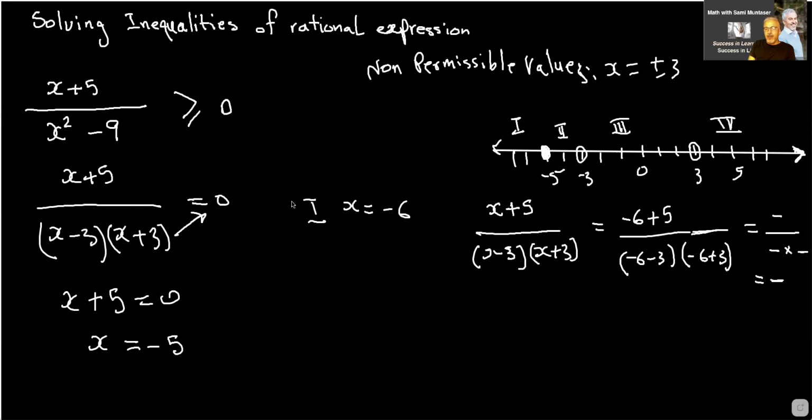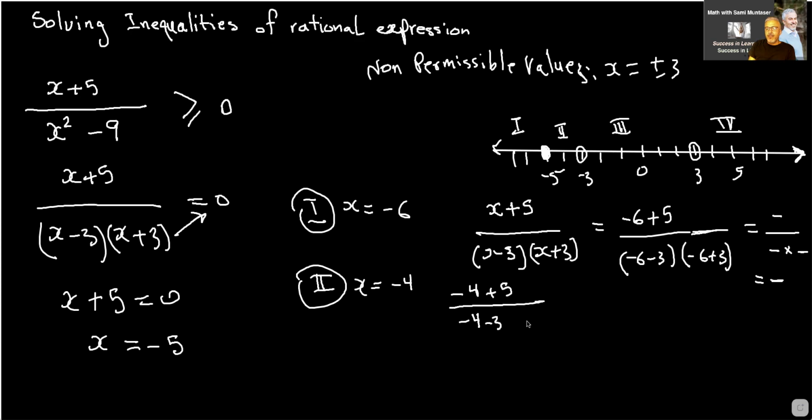Okay. Now in region 2, I'm going to test a number in between here and here. So I'm going to test x equals negative 4. If we put negative 4 into the x there, negative 4 plus 5 all over negative 4 minus 3, negative 4 plus 3. Now on top, I'm going to get positive.